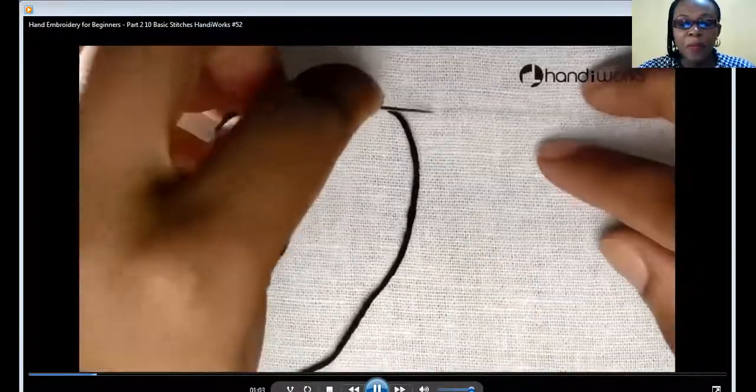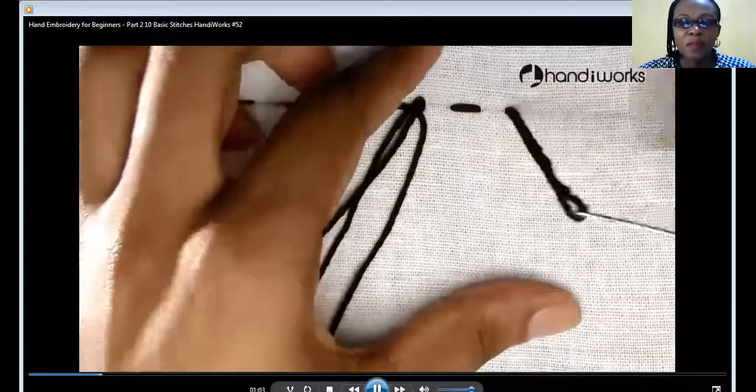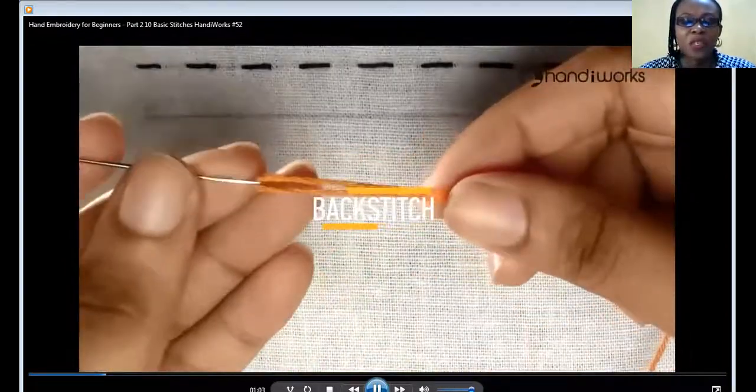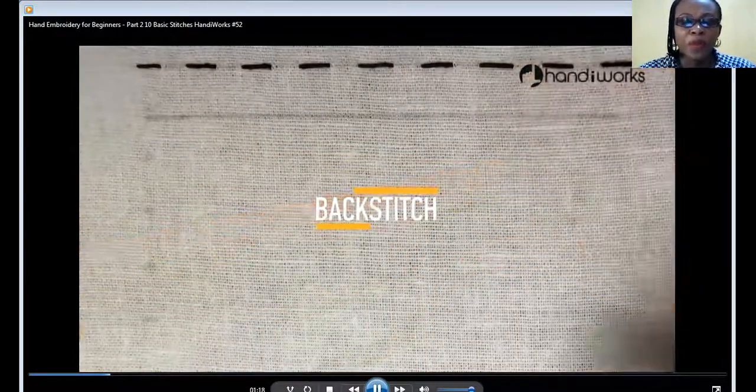Wow, I know you are watching her. This one is called running stitches. It's a very simple stitch. Yes, she has finished it. You can use it to hold two or more fabrics together.